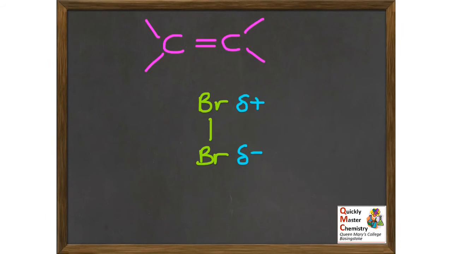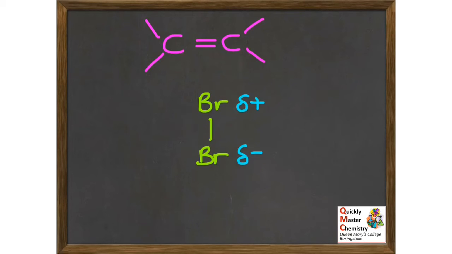So we now have our Br2 molecule transformed by its proximity to the alkene group into an electrophile, at least matching the beginning of that electrophile definition we encountered, where it's a chemical species with a positive charge. Not necessarily a full ionic charge, a partial positive charge, delta plus, is fine, as you can see here.